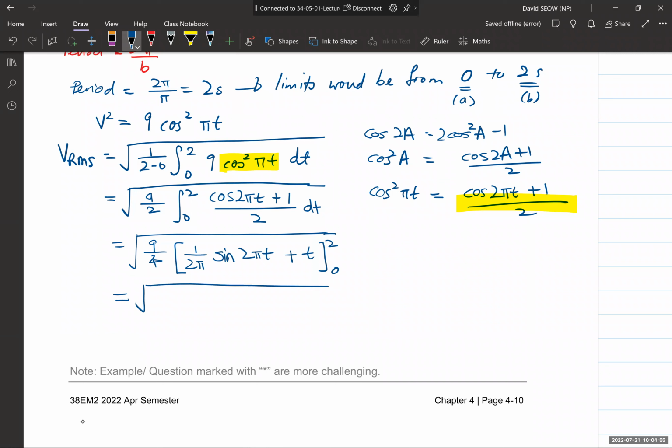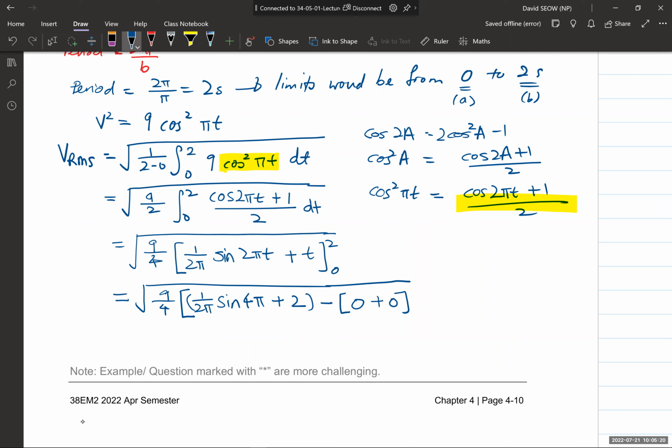So square root 9 over 4, I'll put in 1 over 2 pi sine 4 pi plus 2, minus sine of 2 pi of 0 is 0, then plus 0.